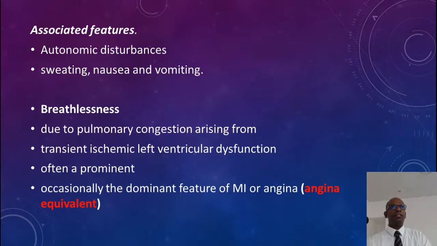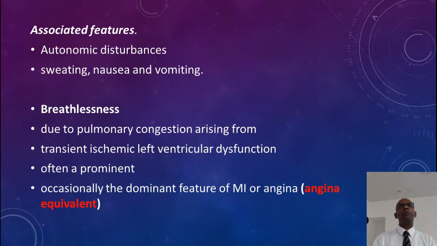Some patients, for example elderly people as well as diabetic patients, even those with chronic diabetes on treatment with proper control, may have a different presentation. They can present only with breathlessness, or even with sudden cardiac arrest, because the pain might not be very typical in that population.